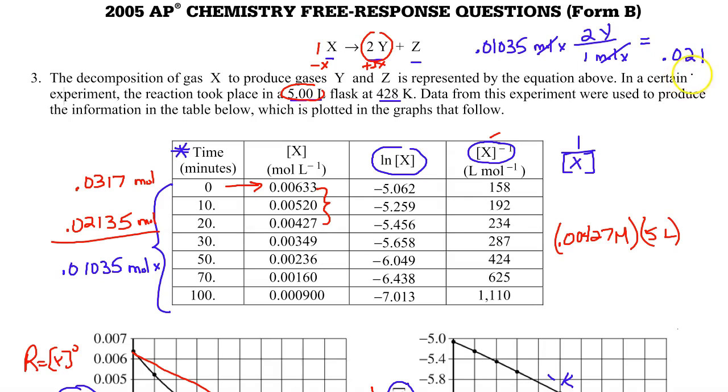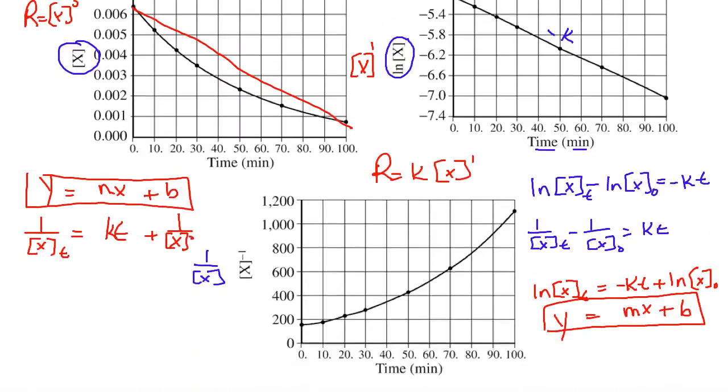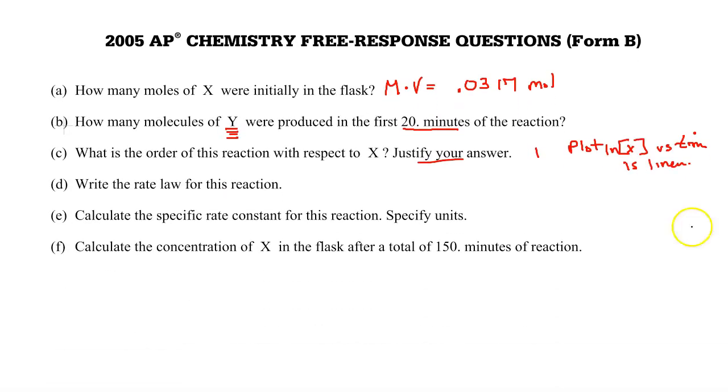So I'm going to get 0.021 moles. Now, careful, careful, careful, because we found the total moles of Y. What was the question asking for? They're asking for the molecules of Y. So I'm going to take my 0.021, and that's moles of Y that I got through stoichiometry, through the ratios. If you're noticing, we're always having one of those little ratio questions in every one of our problems. And what do I know, party people? I know that if I want to get rid of moles, moles goes on the bottom.